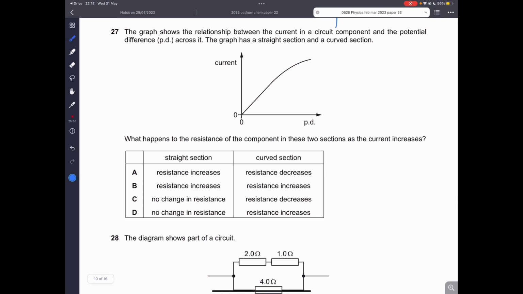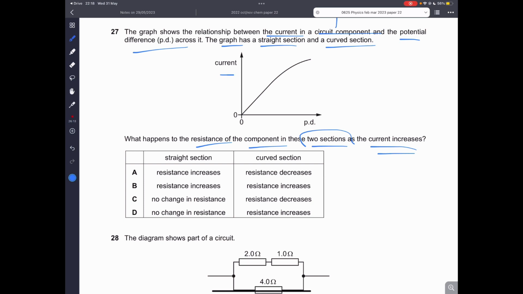Question 27. The graph shows the relationship between the current in a circuit component and the potential difference across it. The graph has a straight section and a curved section. What happens to the resistance of the component in these two sections as the current increases?